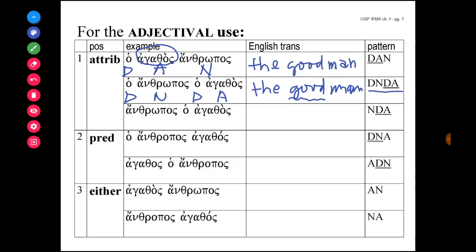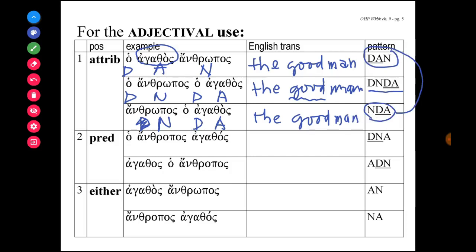Somehow the goodness of the man is being emphasized in the construction. And then there's an alternative way, not often used, but you do see it every now and then, NDA. This is also translated the good man, and means relatively the same as this.